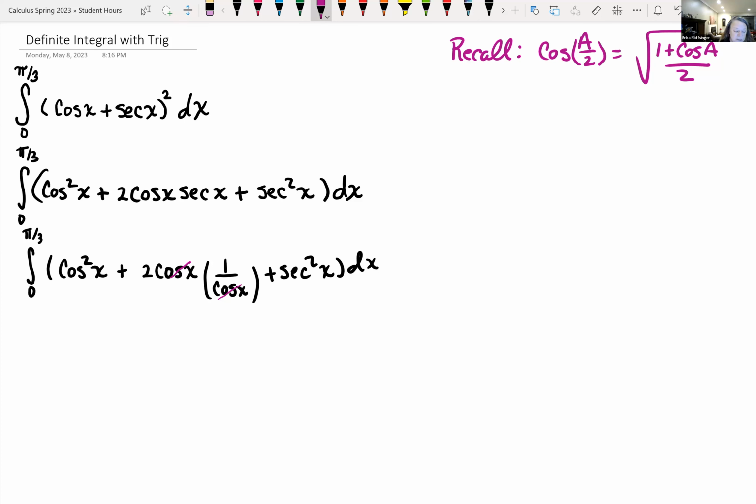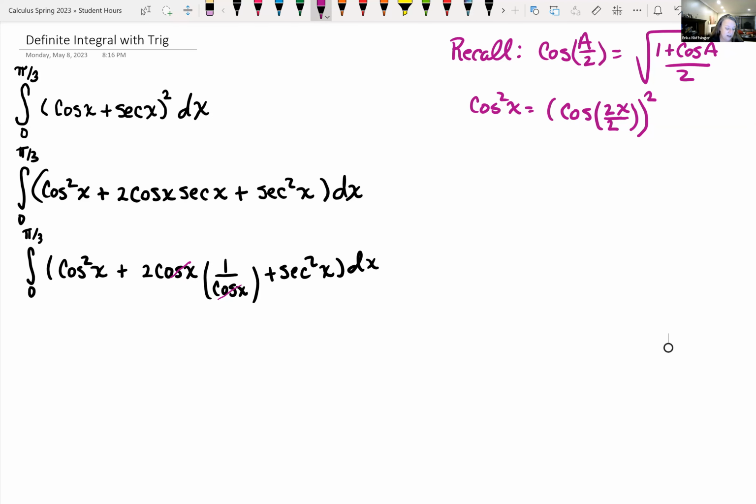So let's manipulate our cosine squared x. We want to manipulate this to look like a half angle identity. So let's multiply that by 2 over 2. So we would have 2x over 2. And that square is technically out here.